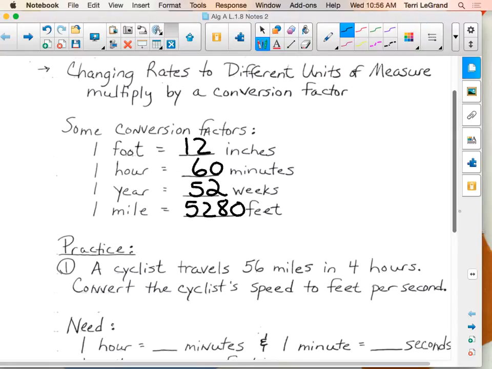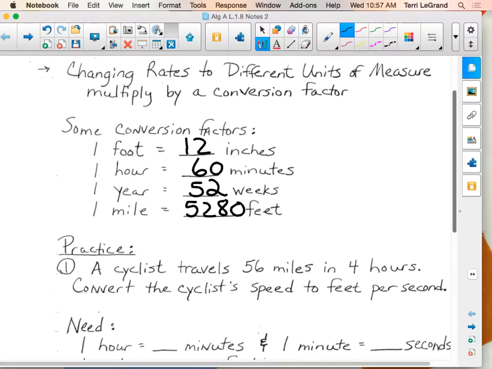How many centimeters are there in a meter? 100. How many millimeters are there in a centimeter? There are 10. And there are 1,000 meters in a kilometer.